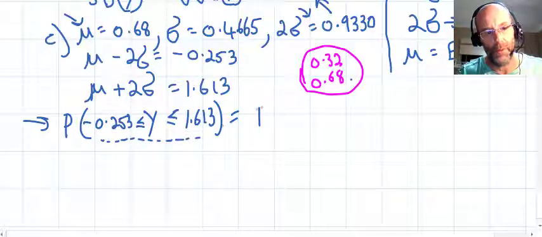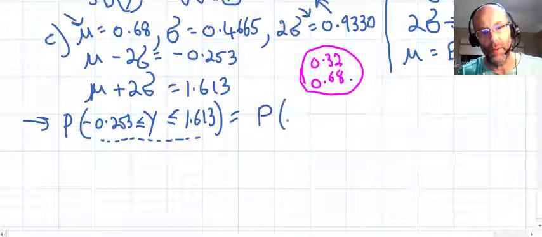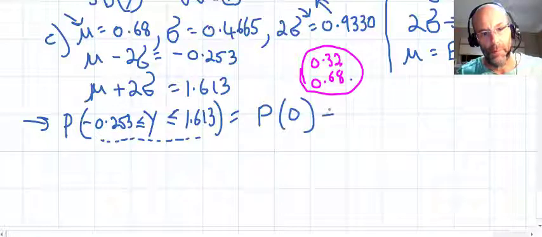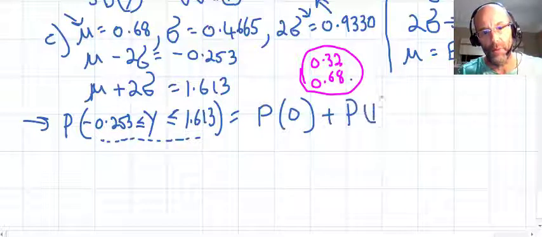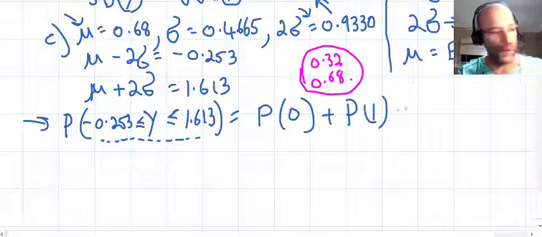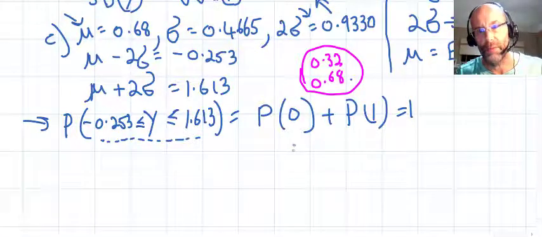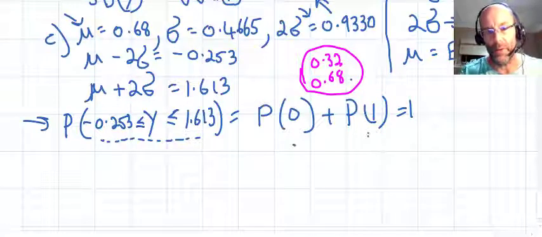So that would mean the probability of no wins plus the probability of 1 win, which is 1. As I said, you don't always get both, you might only get one of those, for example.